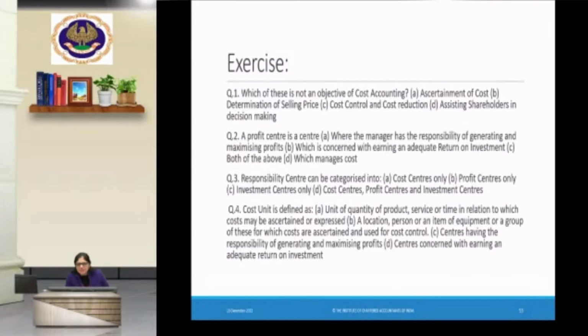Cost unit is defined as... answer for question number 4, please. Unit of quantity in relation to, yes. Question number 4 answer is A. Unit of quantity of product, service, time in relation to which cost may be ascertained.